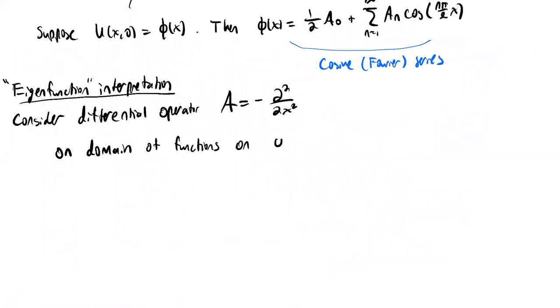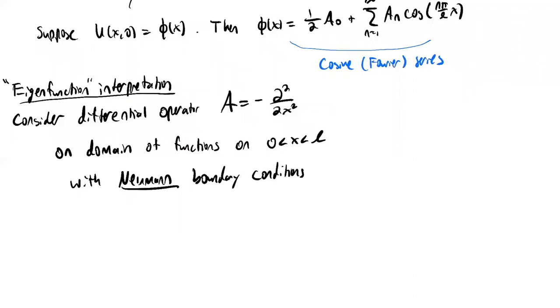Let's say on 0 to L, x is between 0 and L, with Neumann boundary conditions. And so the functions will satisfy, if I take the x derivative at 0, this should be equal to 0. And if I take the x derivative at L, this should also be equal to 0.